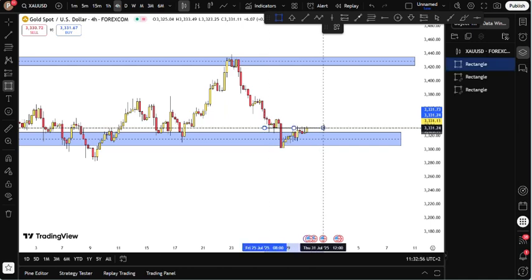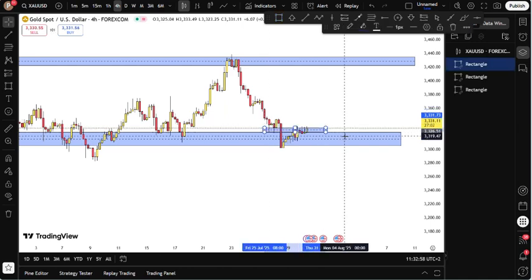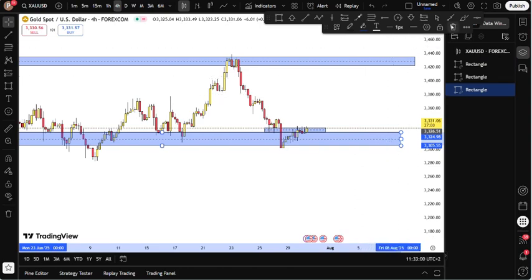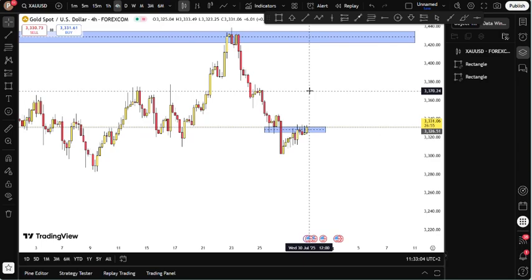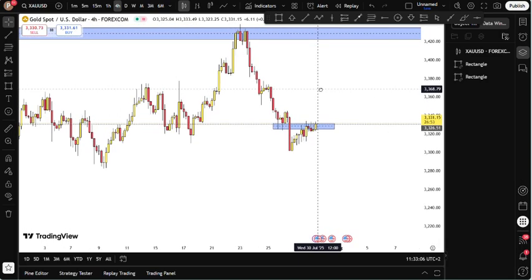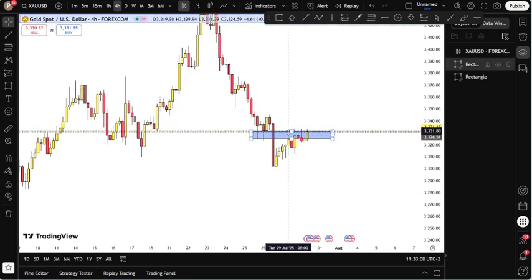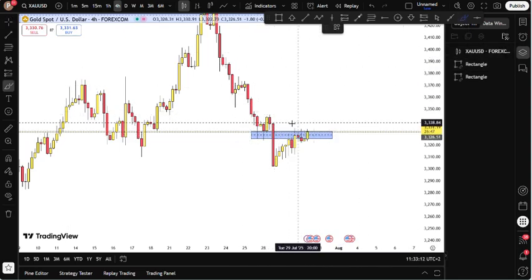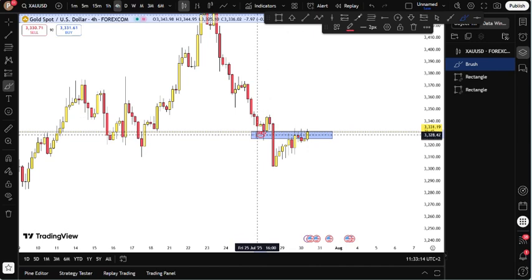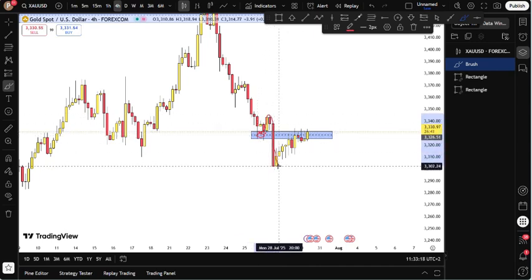So this support structure here, let me remove this. Since we know that we are rejecting on a daily time frame to the upside, look at this previous support here. Gold got here, it was support, it bought, and then broke this level. Meaning what?